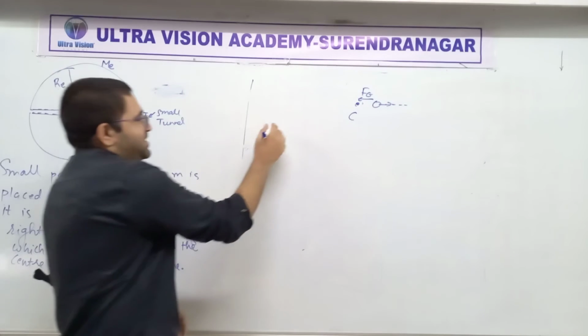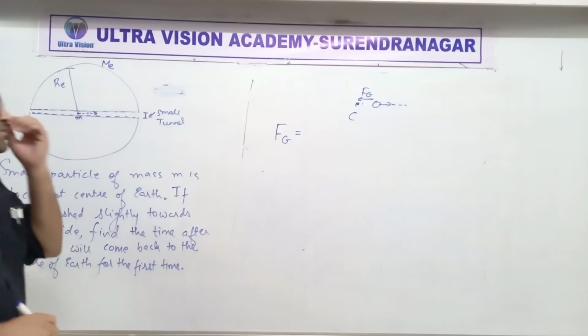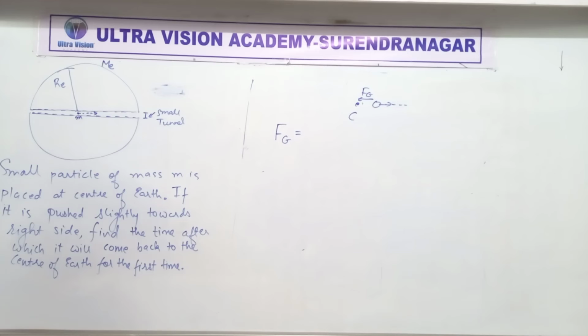Okay, so let's find out how much will be that force. Do you remember how to find force on a particle inside the Earth? Gravitation chapter formula. Everyone, come on. Force acting inside a solid sphere or inside the Earth.